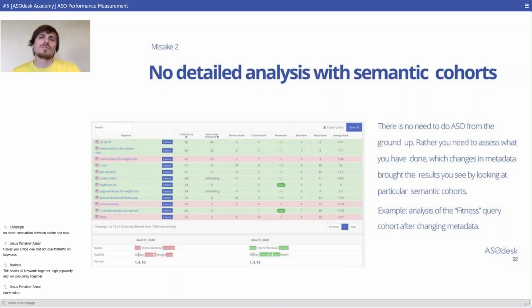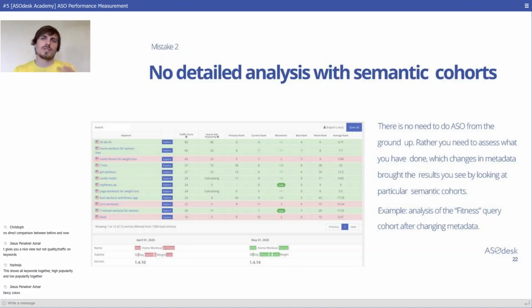We're not assembling the semantic cohort from the ground up, iterating every time, but we're trying to understand what happened, why did it happen, and how can we improve something. The best way to do it is to split your semantic core into semantic cohorts. So you have a huge bunch of keywords, and you have different little groups of keywords which have the same meaning.